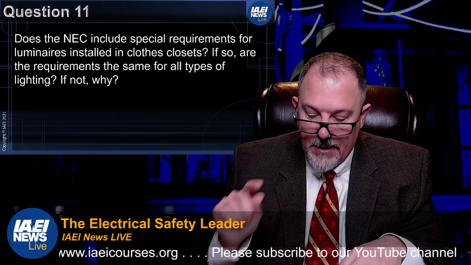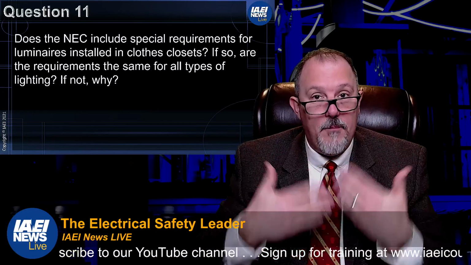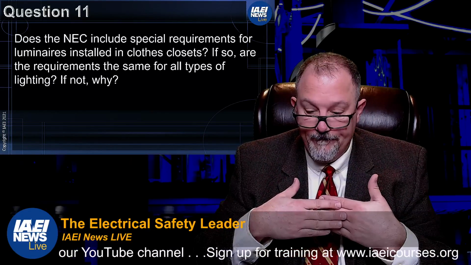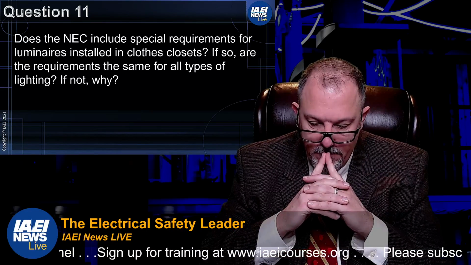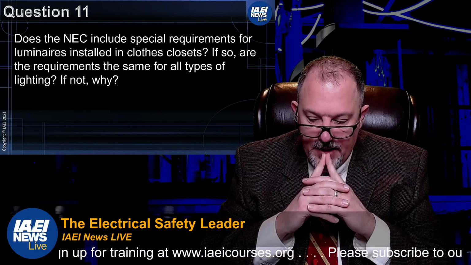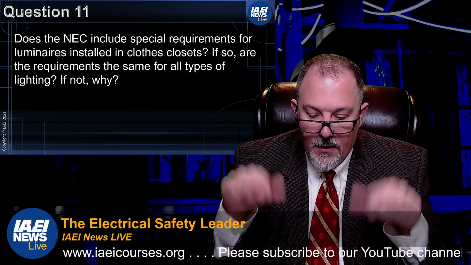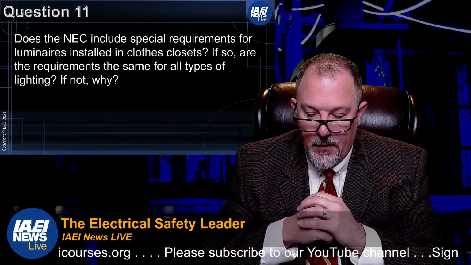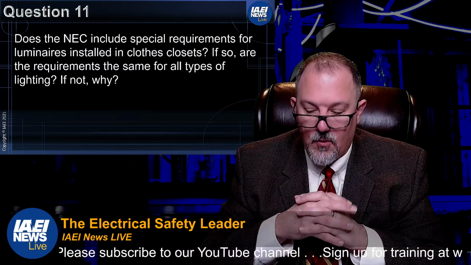The volume bounded by the sides and back closet walls. The sides and the back closet wall. I'm not talking about the front wall above the door. And the planes extending from the closet door floor vertically to a height of 6 foot, or to the highest clothes hanging rod.